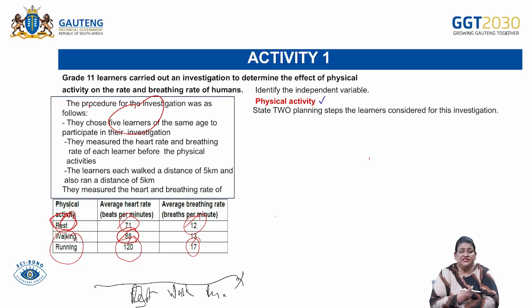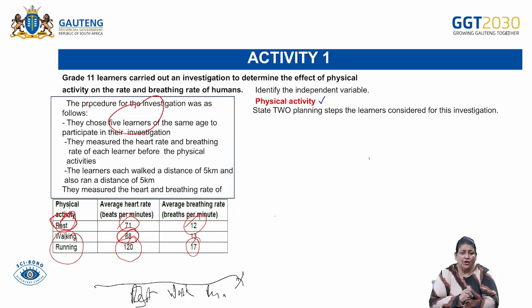Also, you need to determine before the investigation how many participants you are going to use. By determining how many, it means your sample size. You also need to know for how long you are going to make them run, so the duration of the investigation.